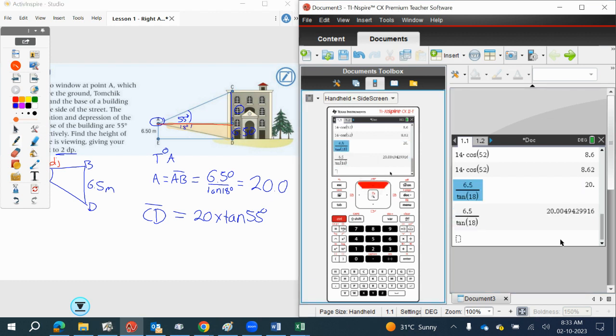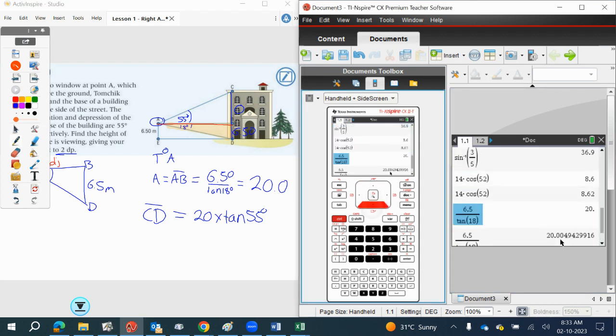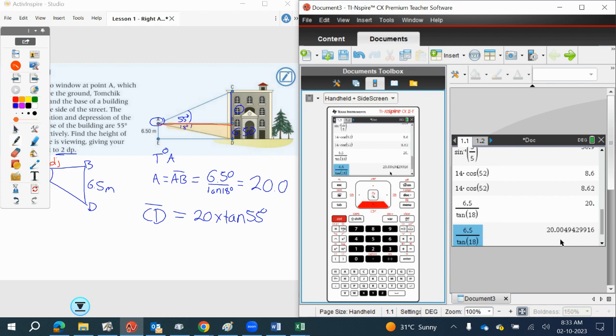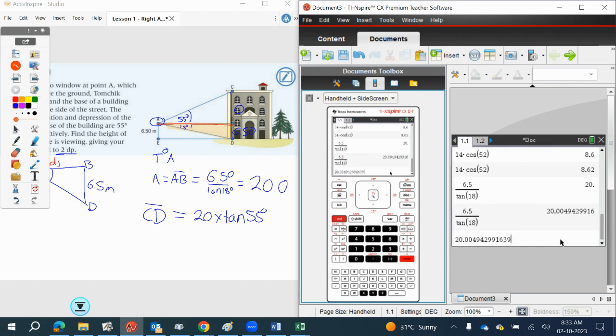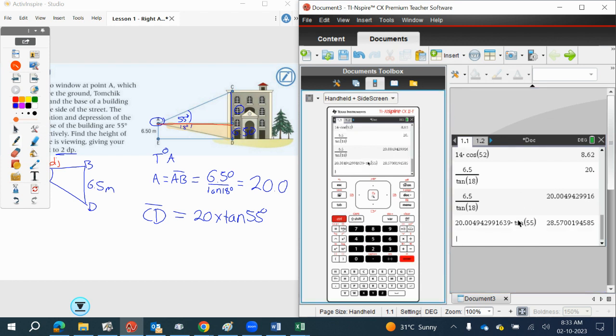You scroll up to the number that you want, and you use the exact value. Just scroll up and press enter, and it will copy it down to wherever you are in your calculation. And then we use the exact value, that's 55. Particularly if you're doing this with exponential type equations, then it really exaggerates the error massively.